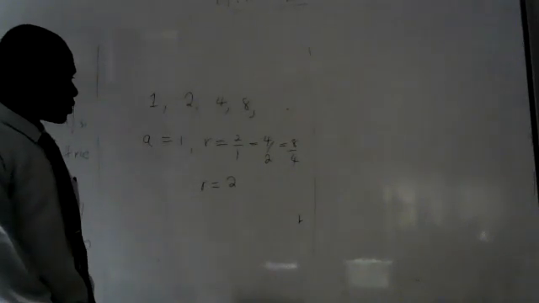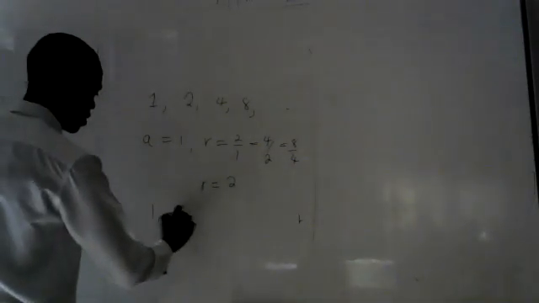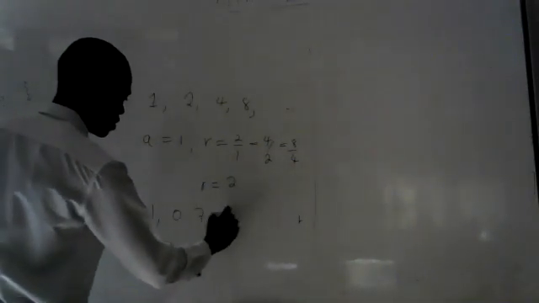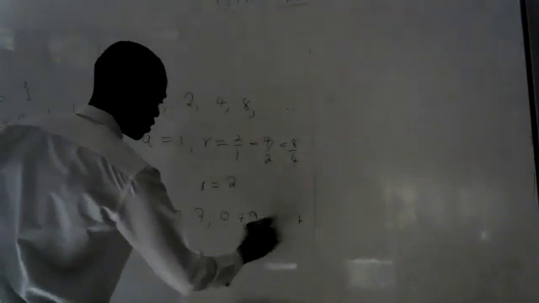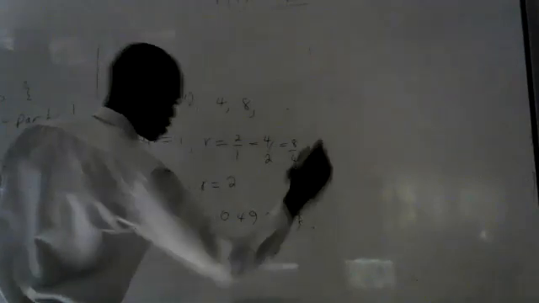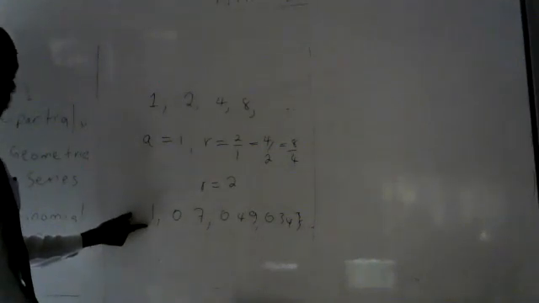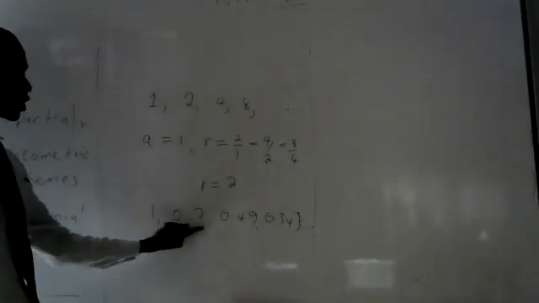Thank you. And you could also have fractions. So you could have maybe 1, then maybe 0.7, 0.49, 0.343, all the way. So in this case, the first term is 1, then the common ratio is 0.7.